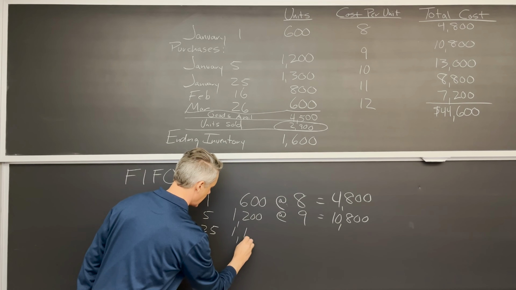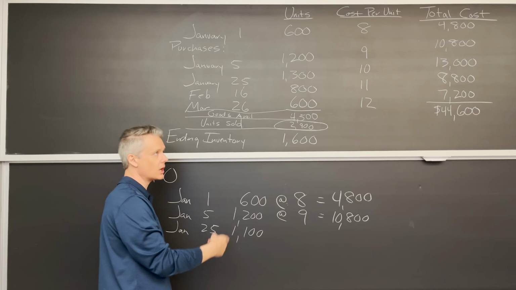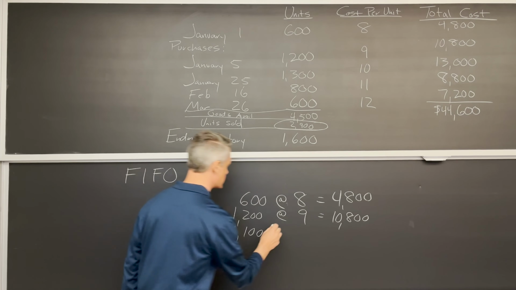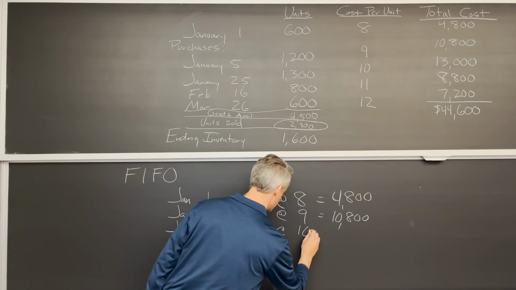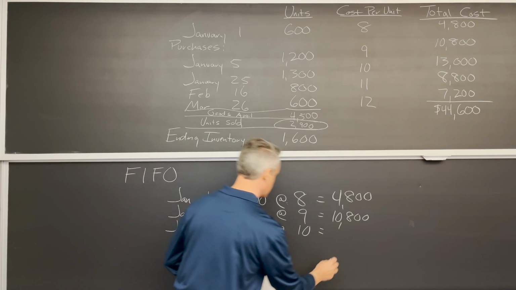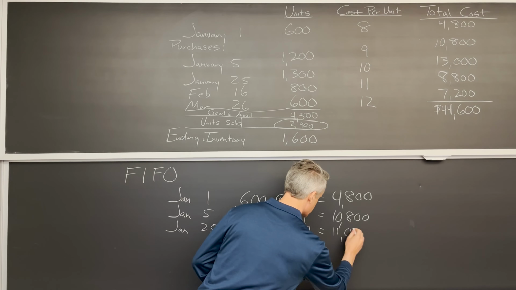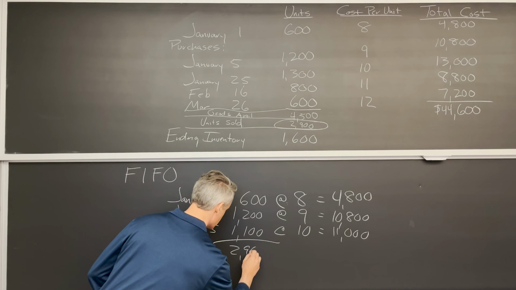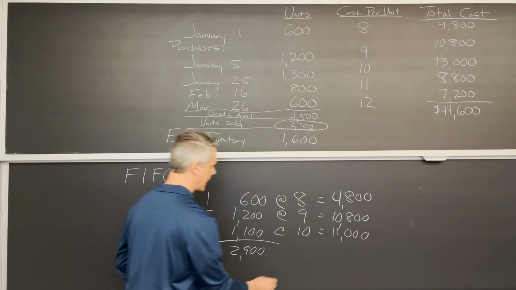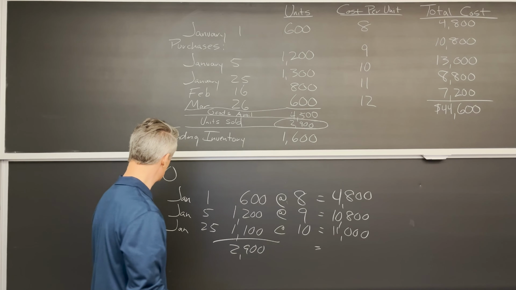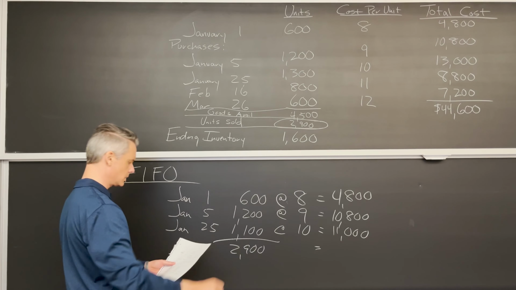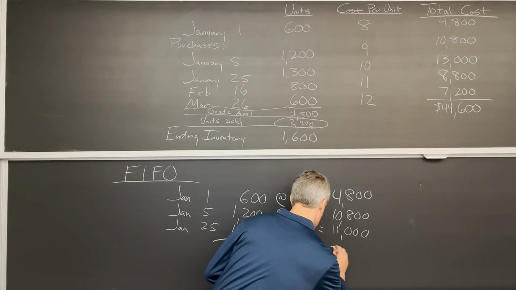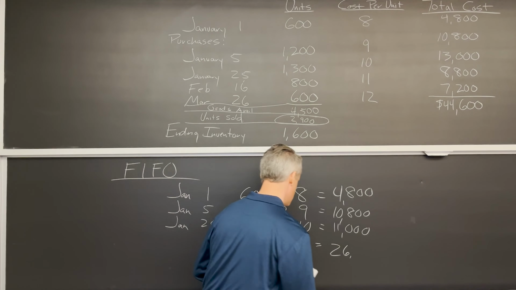So I'm going to have 1,100 of those 1,300 units at $10 a piece, and this is going to be $11,000. So now we have the 2,900 units that we sold, and cost of goods sold under FIFO amounts to $26,600.